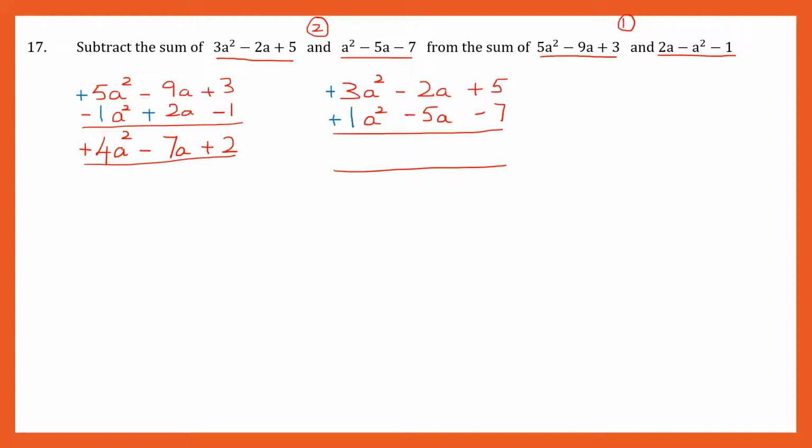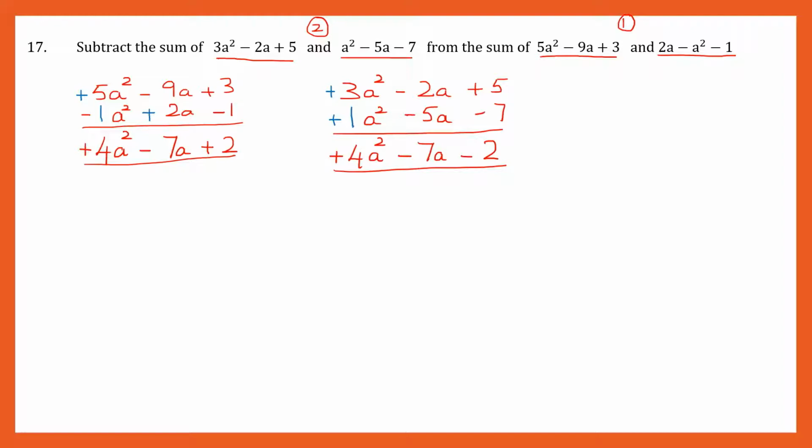And I think everything else is there. Now let's start with a square. Signs are the same, put the same sign and add 3 plus 1, 4a square. When signs are the same, put the same sign and add 5 plus 2, 7a. Here signs are different. Put the sign of the bigger number and subtract.